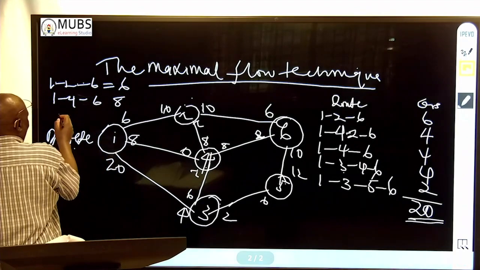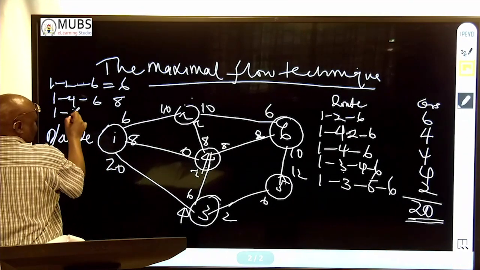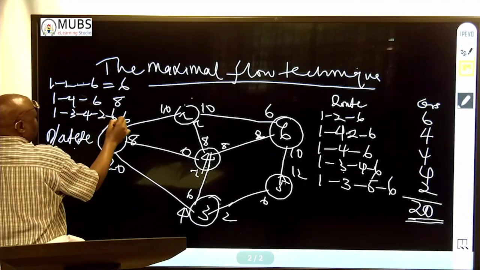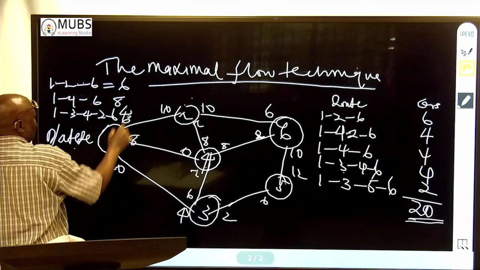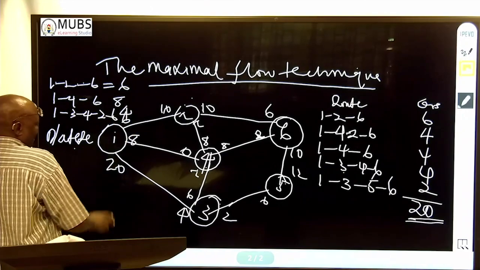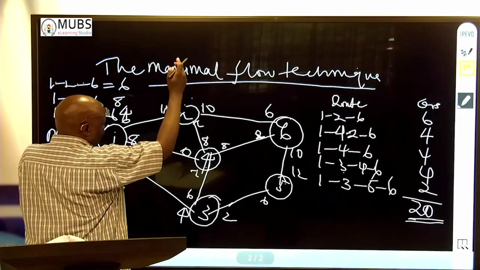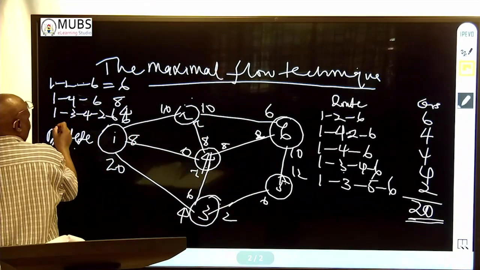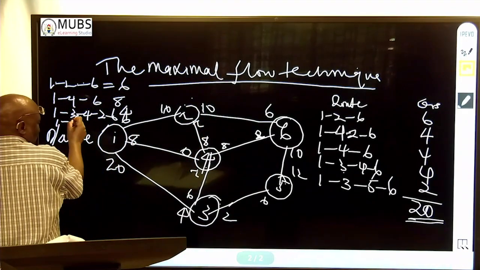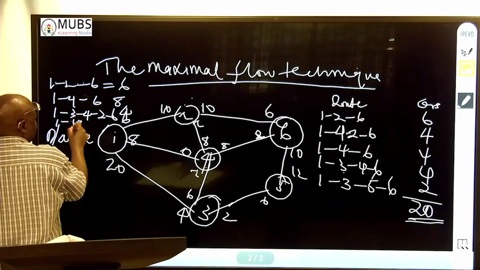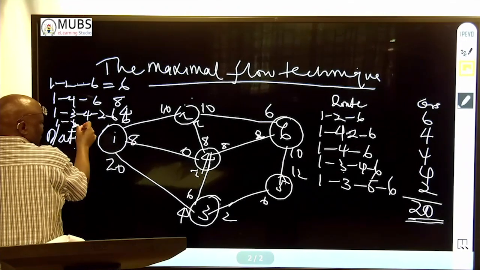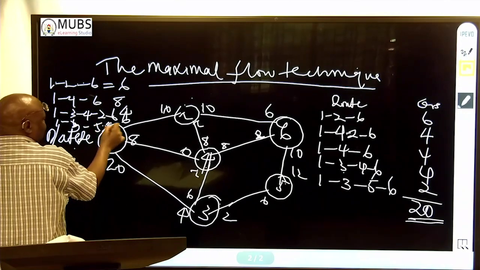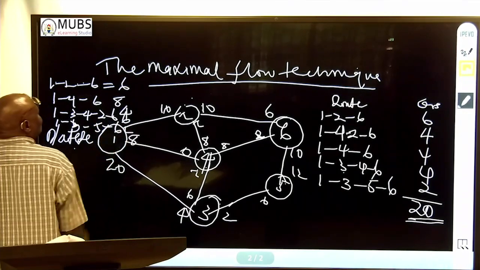That would be 1 to 3 to 4 to 2 to 6, allowing us 4. And because 4 have only gone, 2 would pass here and go the other direction: 1 to 3 to 5 to 6 would have allowed us 2.